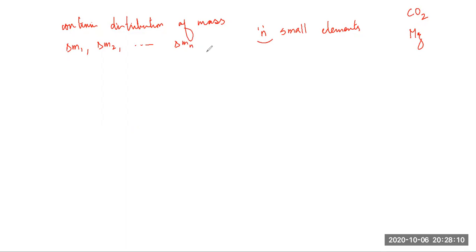Now, the ith element of mass delta m i is located about which point?